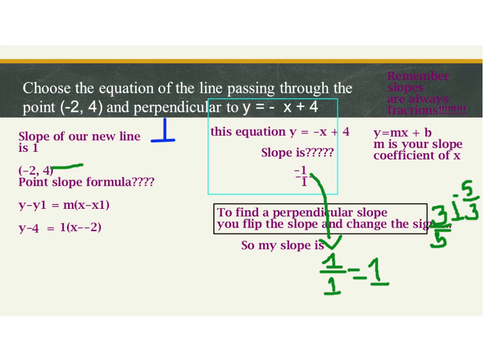What happens when you have two negatives together? You get a smiley face, it becomes positive. So you get y minus 4 equals 1 times x plus 2. If I distribute that 1, it gives me y minus 4 equals x plus 2. I go ahead and I add a 4 to both sides.